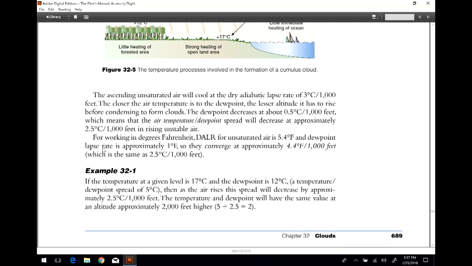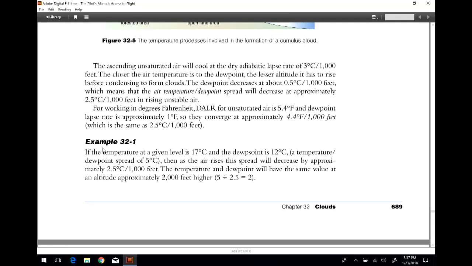Yep, here are some examples. In example 32.1, you have a temperature of 17 degrees C and the dew point is 12 degrees C. What's the spread? The spread is 5. So think about 2.5 degrees Celsius per 1,000 feet before you reach the dew point.